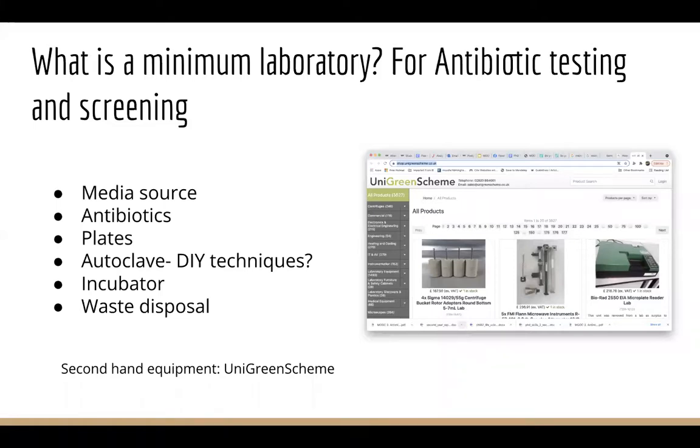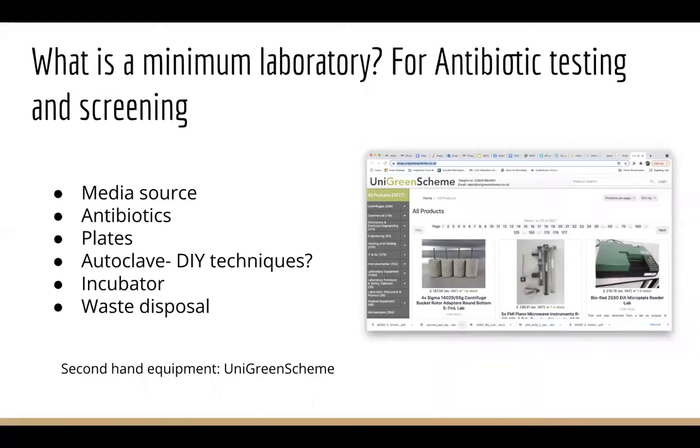One thing I thought was quite interesting is that a lot of equipment you don't have to buy new. You can get it from eBay, or there are lots of scientific secondhand schemes. One in the UK, which I think is also international, will cost quite a bit for shipping, but it can reduce the price by like 95% from a new product.